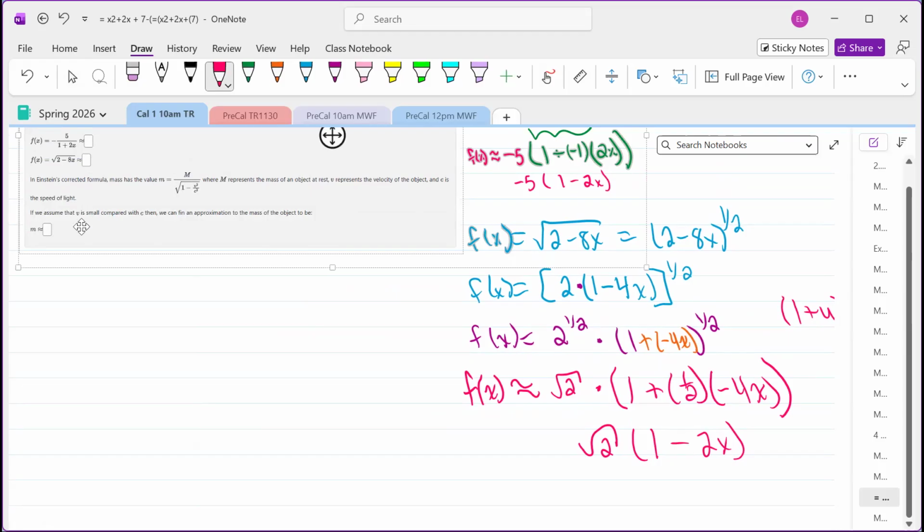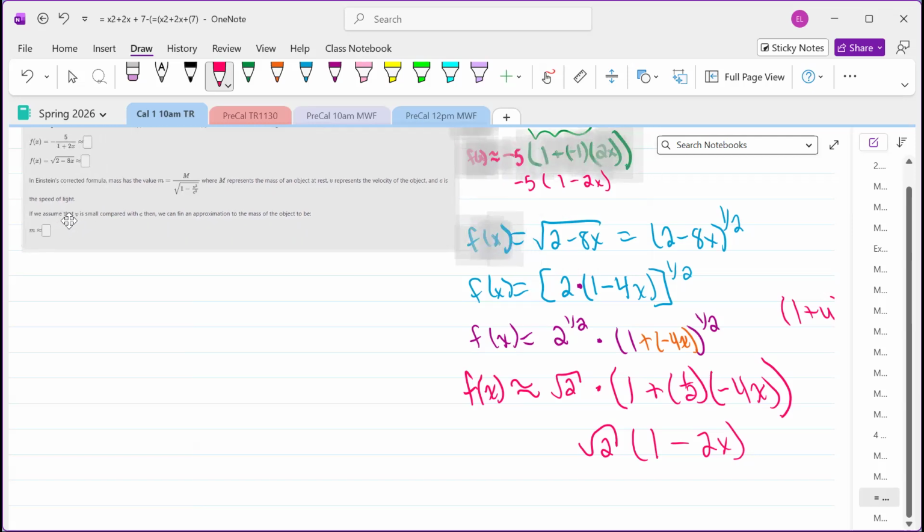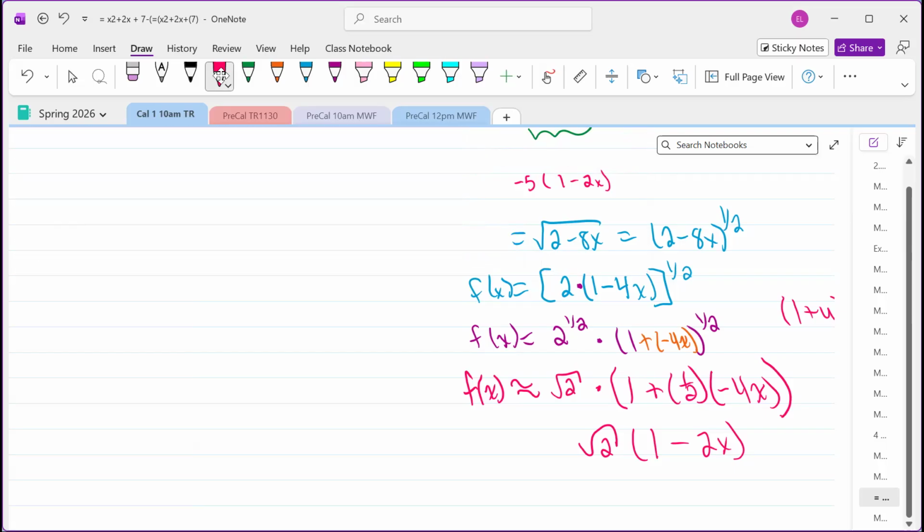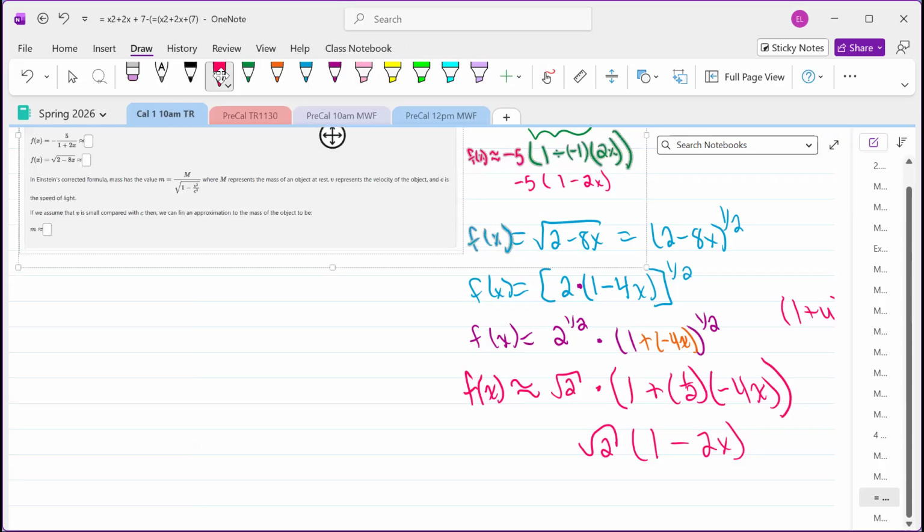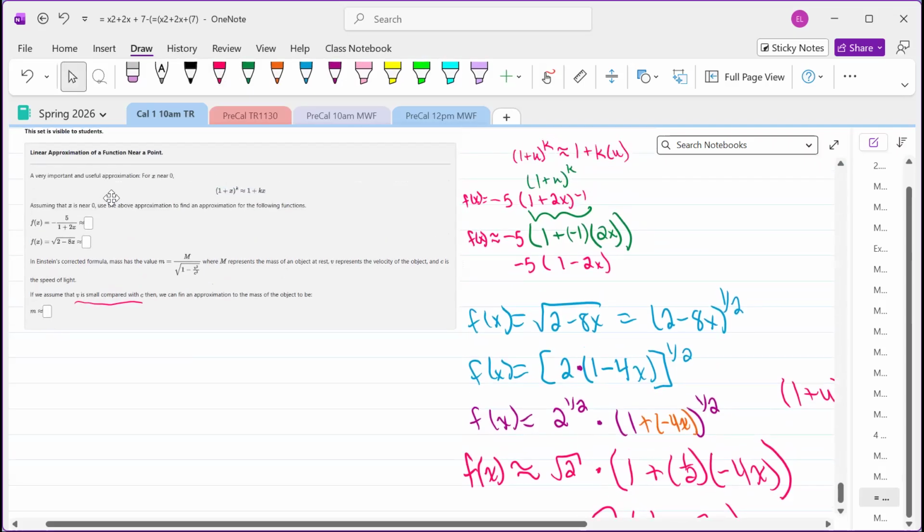If we assume that v is small compared with c, then we can find an approximation to the mass of the object to be. So the whole v is small compared with c is just saying, like, we can use the approximation formula.